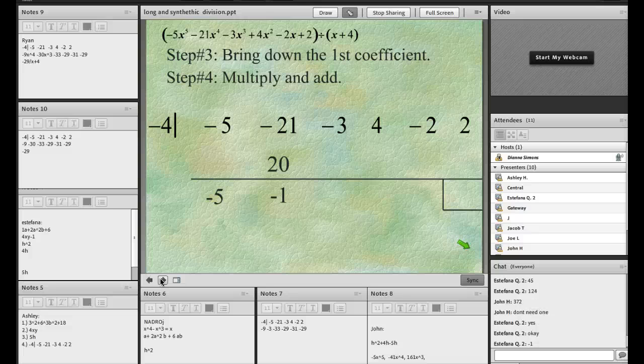Negative 4 times negative 1. Positive 4. Negative 3 plus 4. 1. Negative 4 times 1. Negative 4.